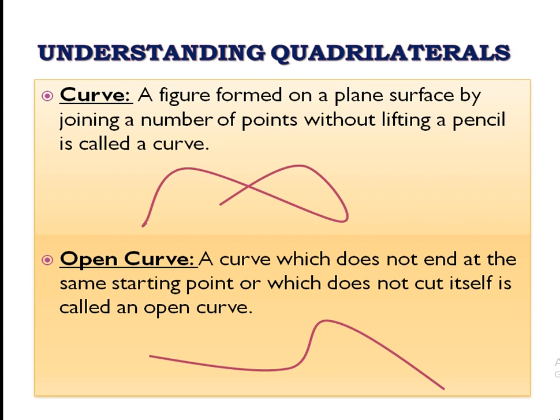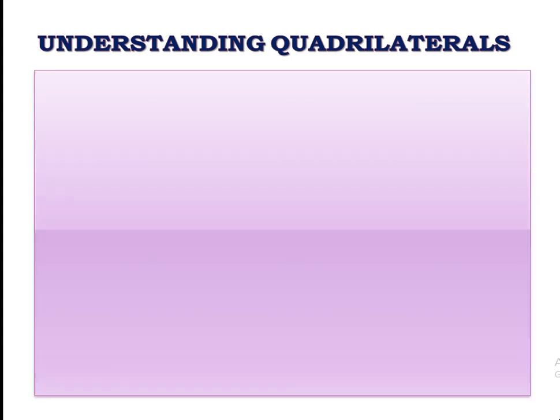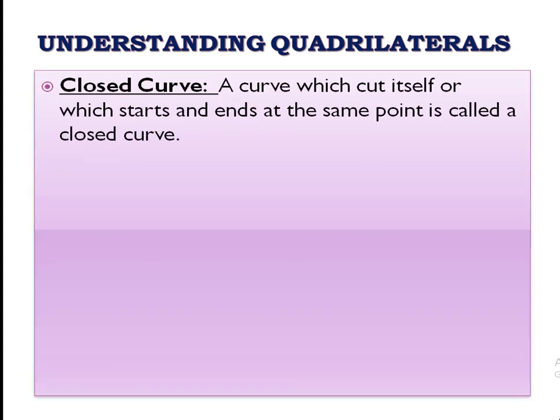Also, the curve does not end at the same starting point. Okay students, right? Now next, closed curve. A curve which cuts itself or which starts and ends at the same point is called a closed curve.